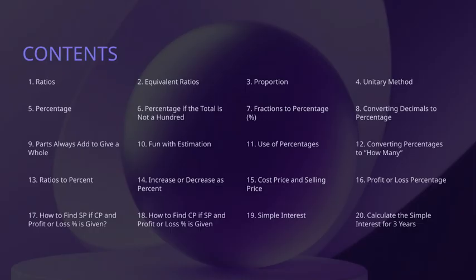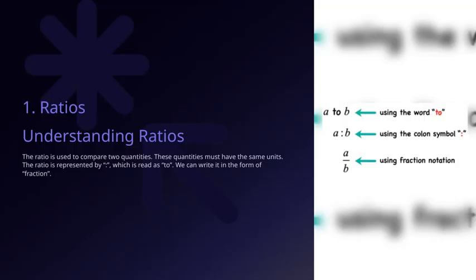There's also a focus on cost price and selling price relationships, including simple interest over different time periods, like 3 years. Finally, we'll wrap up with concepts involving profit or loss percentages, and some fun with estimation techniques. All these topics connect to give us a comprehensive understanding of how to work with ratios, percentages, and related calculations in practical scenarios. Let's take a closer look at ratios and understand what they really mean.